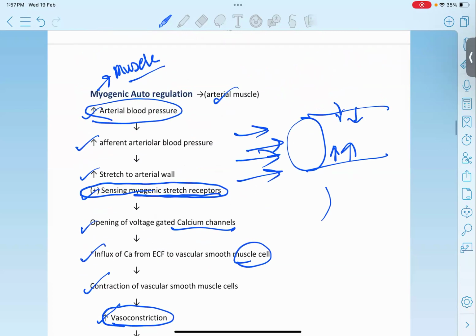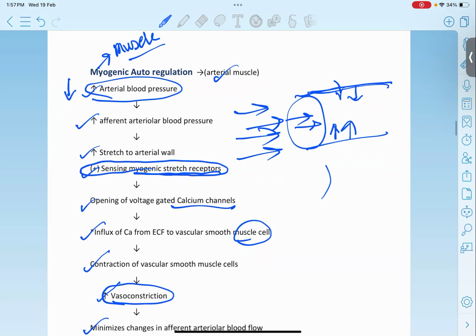That means no matter what the blood pressure is, if there is a drop of arterial blood pressure, the opposite thing will happen. So through the myogenic autoregulation, the renal capillaries are just working according to the blood pressure. If the blood pressure is increasing, there will be constriction, and there will be optimum entrance of the blood flow. So this is all about myogenic autoregulation.